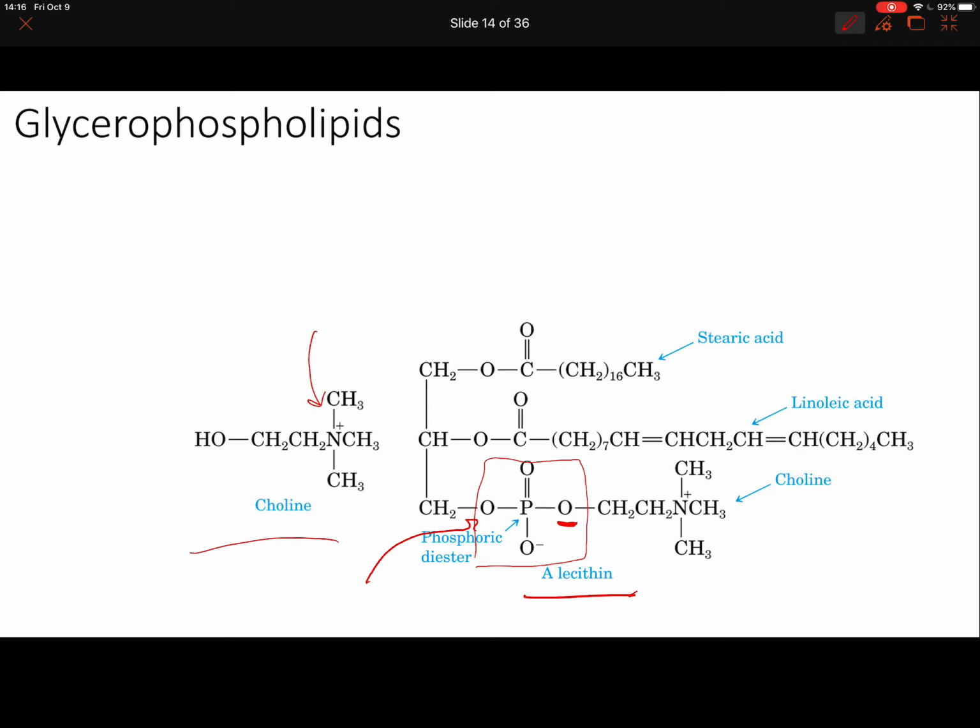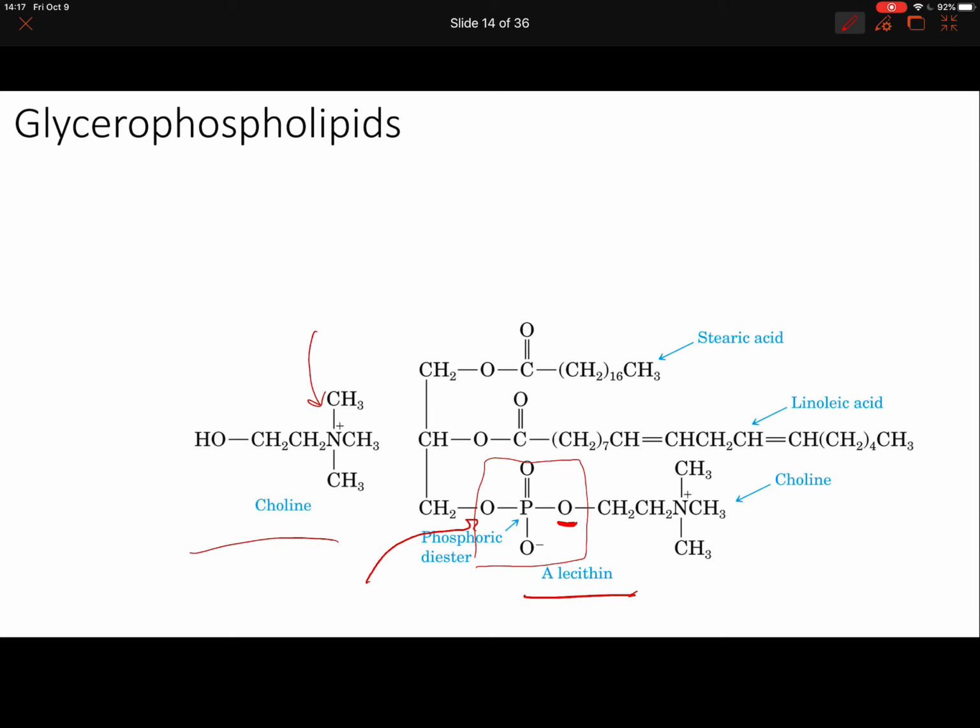But they all perform basically the same type of function. They're membrane molecules. Some of them are more prevalent in, let's say, nerve membranes or membranes in the brain, versus just everywhere else in the body.